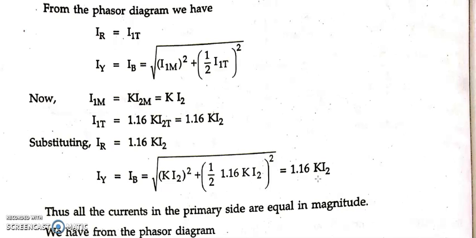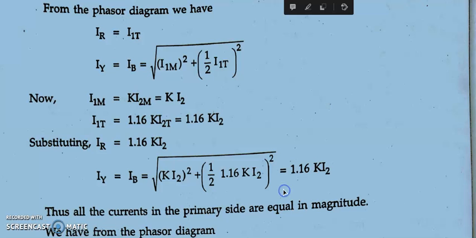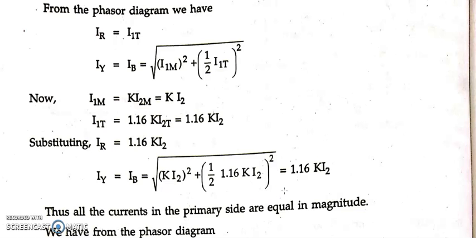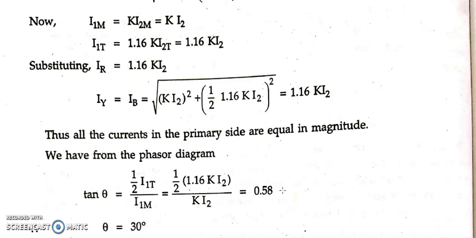This is what we get if we consider the load is balanced, having a power factor angle phi. Therefore all the currents on the primary side are equal in magnitude. Iy and Ib are the same, and IR is 1.16 K times I2, whereas Iy and Ib are both the same. That's why all the currents on the primary side are equal in magnitude.